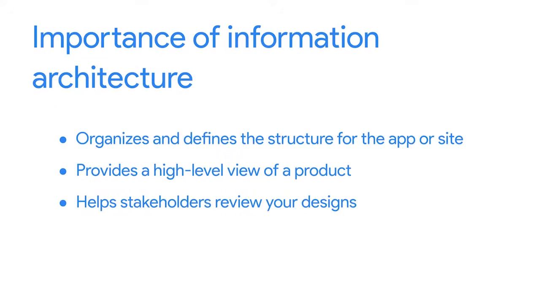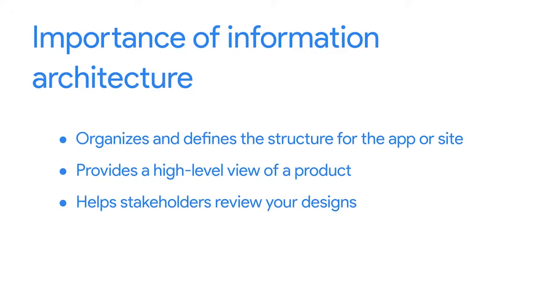As a UX designer, you need to understand how the elements of a product fit together and relate to each other in order to create the design of that product. Third, IA helps stakeholders review your designs. Stakeholders can evaluate whether the content in the site or app is the correct type of content, and if it's placed in the appropriate places to help achieve business or product goals.